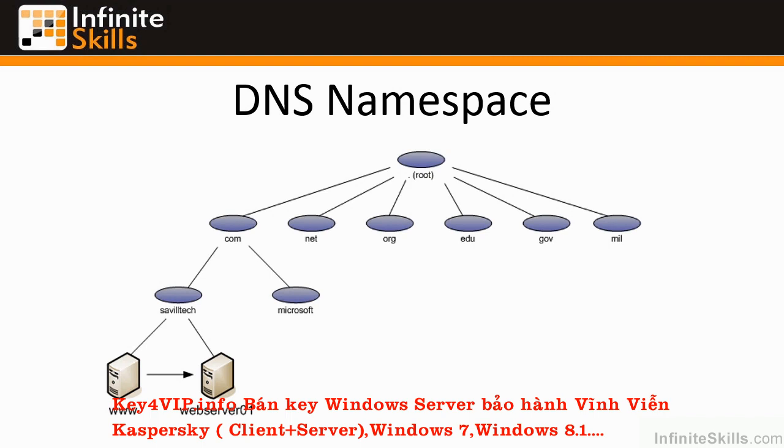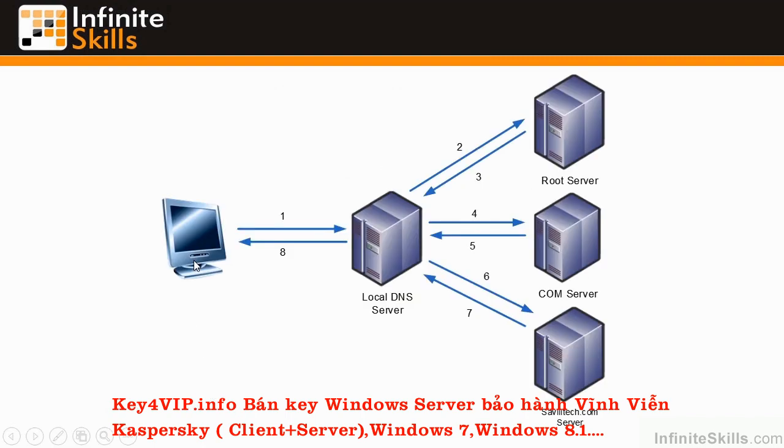And then from com, it has delegated namespace for Savaltech to the DNS servers for Savaltech. And the DNS servers in Savaltech contain all the host records and maybe details of subdomains for that part of the DNS namespace. When we look at a record such as webserver01, its fully qualified domain name contains its entire name of that hierarchy. So webserver01.savaltech.com.